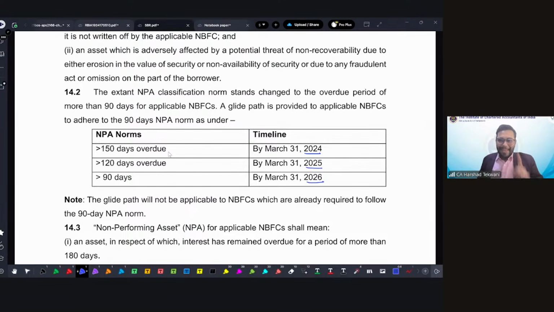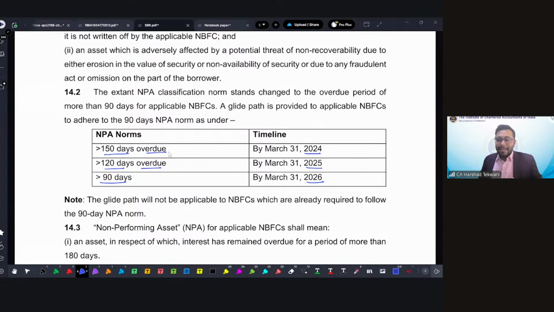If it is 31st March 24, the NPA classification is when it becomes overdue for more than 150 days. For March 31, 2025, more than 120 days. For March 26, it becomes 90 days.